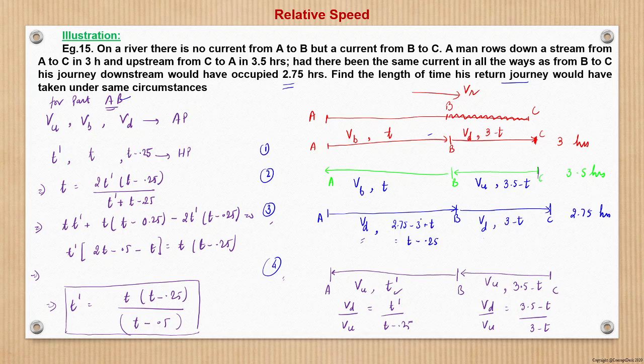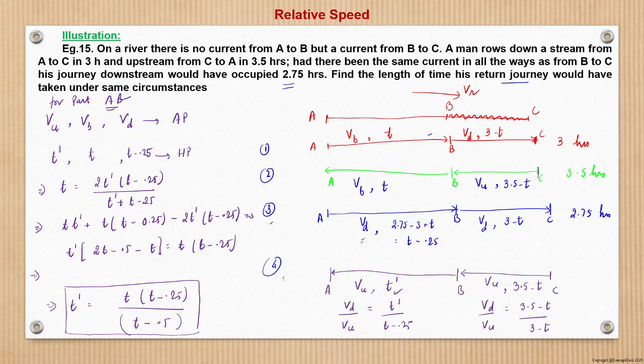Now in the third case, when the stream has a speed all the way from A to C, going downstream at a speed VD for the journey AB, and for BC again at VD.